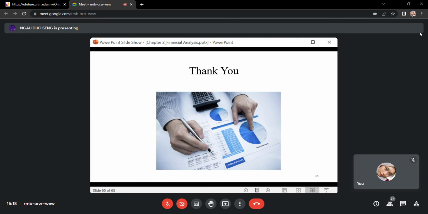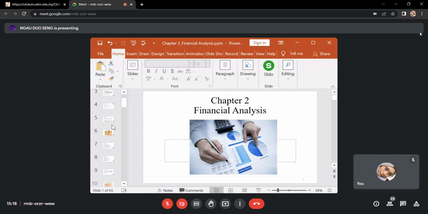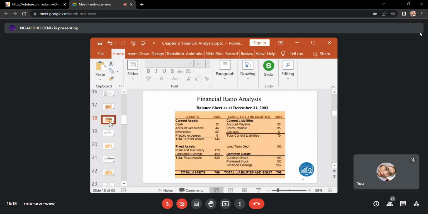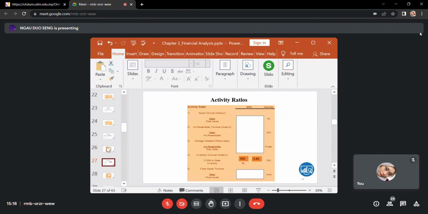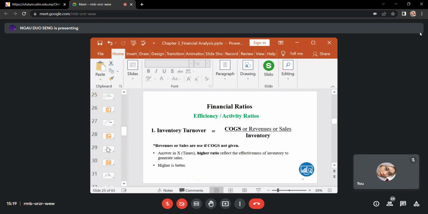All right. So for now, I want you to discuss among your group members. We have done the ratio, right? So you need to choose a company. Then you can do the ratio analysis for the 5 groups. This is the group assignment.